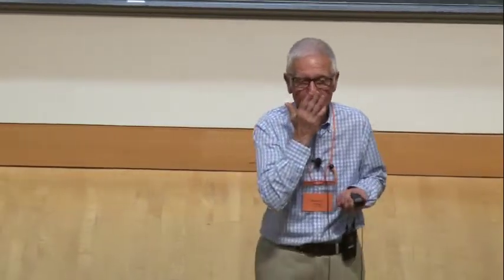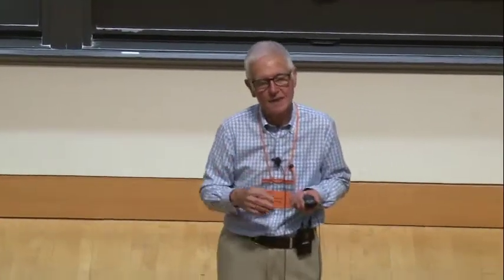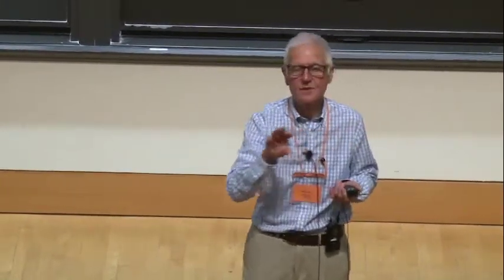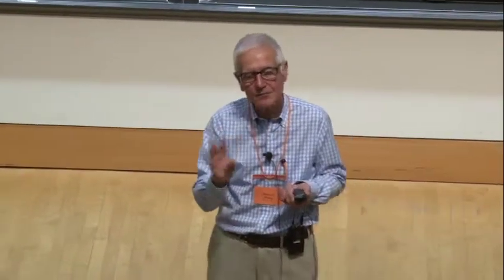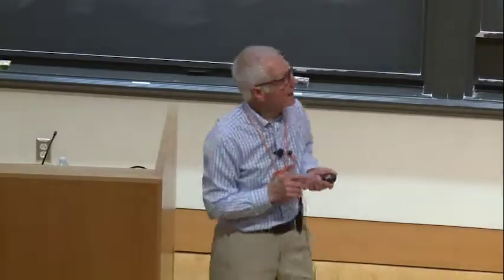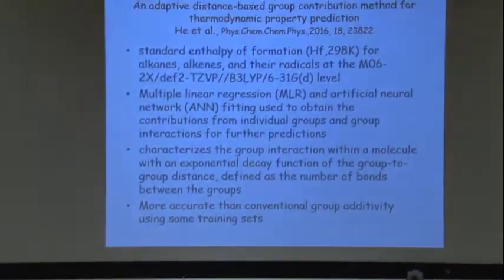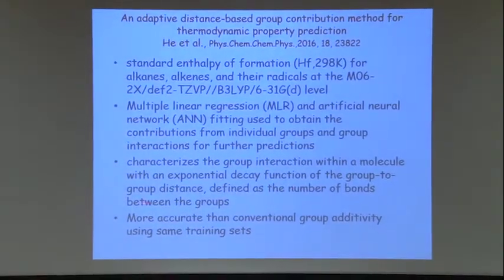And a man called Sidney Benson was very central to the development of this group additivity approach. What this is doing is looking at the interactions between these species as well. So interactions come from a variety of sources, and this is using an exponentially decreasing decay function from group to group distances defined as the number of bonds between the different groups.